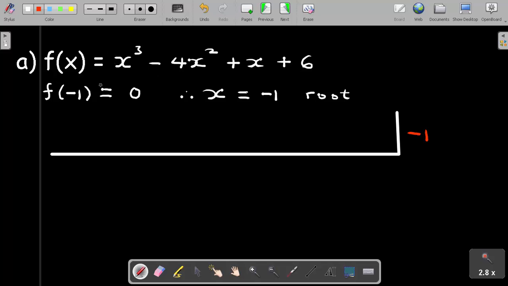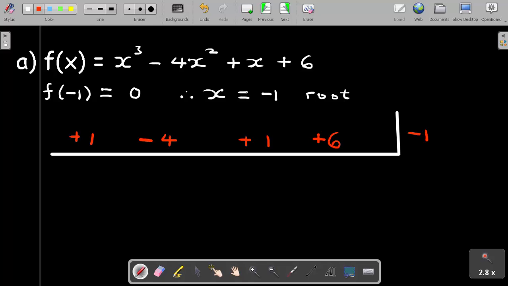Then from there I put the coefficients of my cubic function. This is positive 1 here, followed by negative 4, followed by positive 1, and then positive 6.